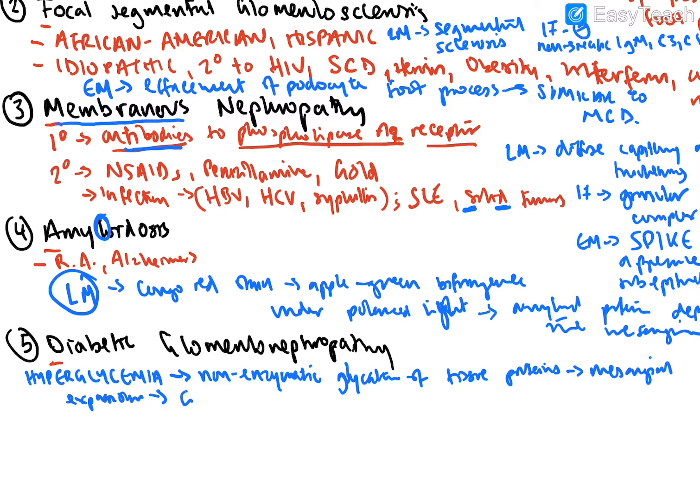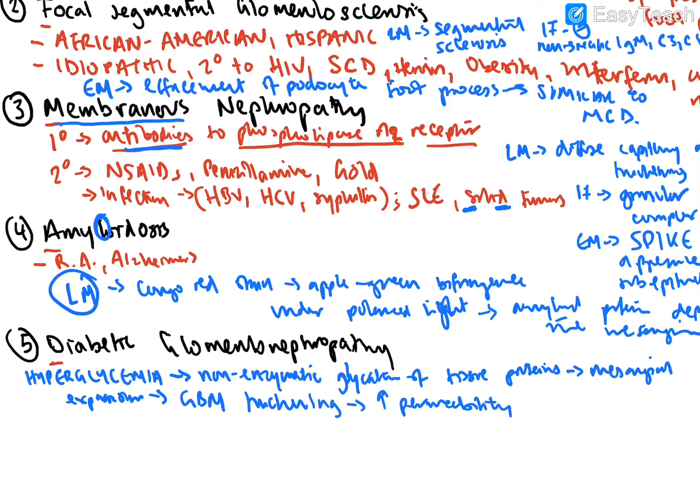It causes glomerular basement membrane thickening, and once the glomerular basement membrane thickens, this causes increased permeability.